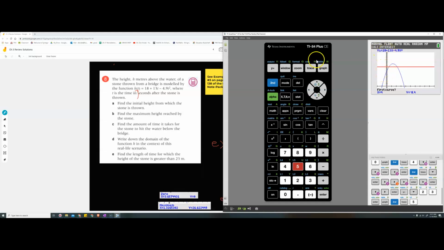So up here on the top, it's showing me that right now the cursor is on the parabola. So I want to choose the parabola. And now the cursor is on the second curve, which is the straight line. And now I want to move the cursor to where I think the intersection is, which is going to be about there.